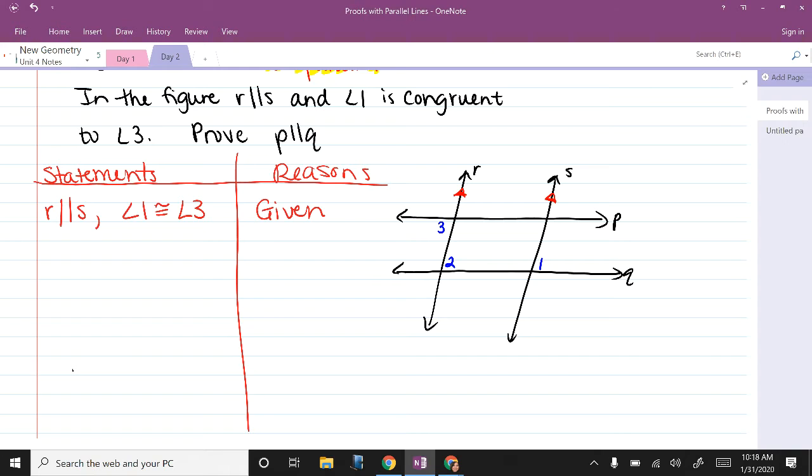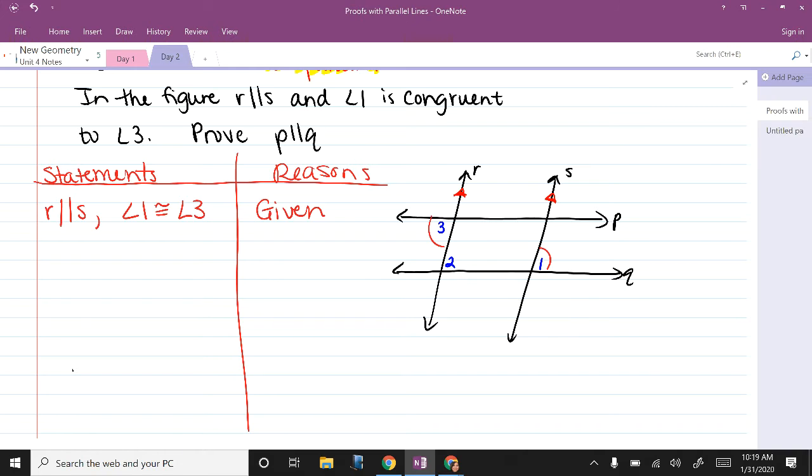I'm going to mark that those angles are congruent as well. So I have marked on my picture R and S are parallel. That's what those red triangle things mean. Those are parallel lines. So I'm trying to prove that P and Q are parallel to each other, because I have four lines here, don't I? I know that R and S are parallel. They told me that. I'm trying to prove that P and Q are also parallel.